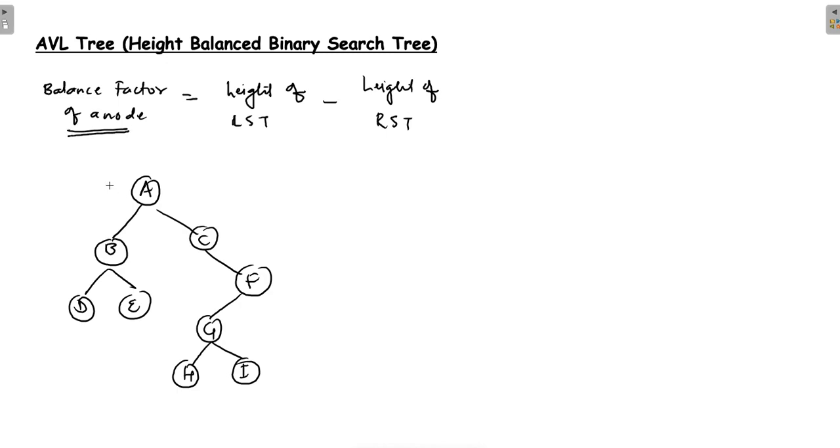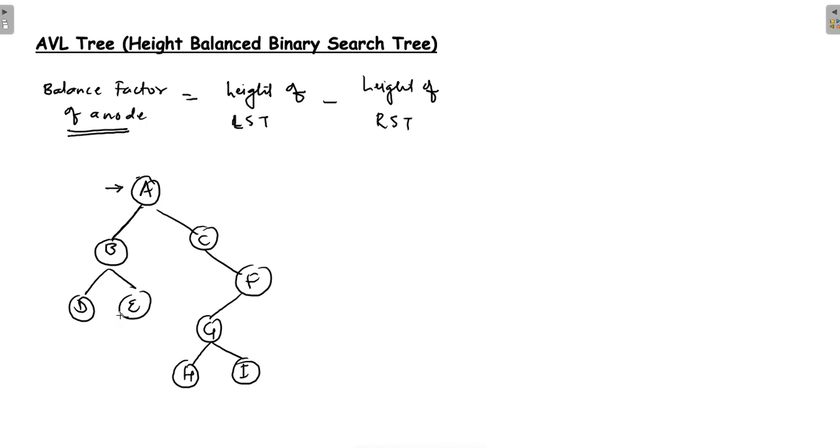So what is the height of left subtree? You are considering one node at a time, and from that node to the longest leaf node, how many edges are there, simply. So if you are considering A, and you want to find the balance factor, the height of left subtree: this is the left subtree and these are the two left children.